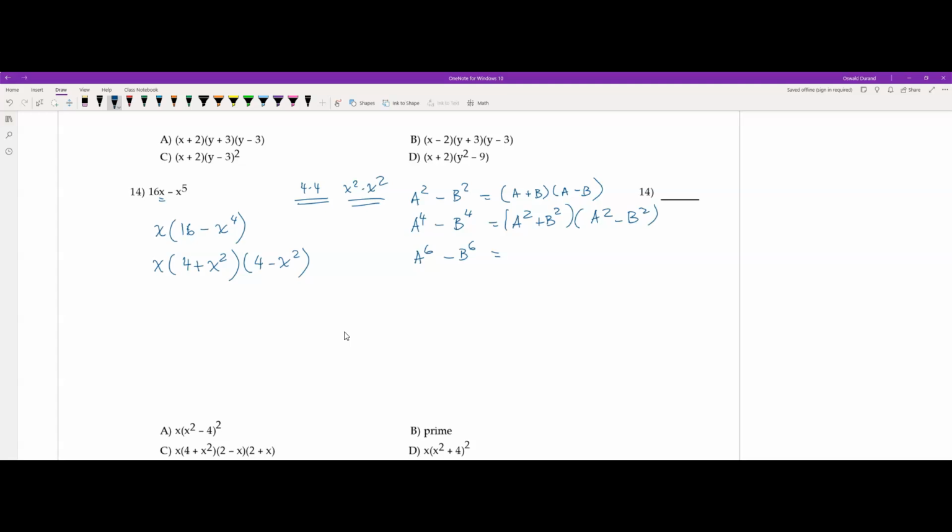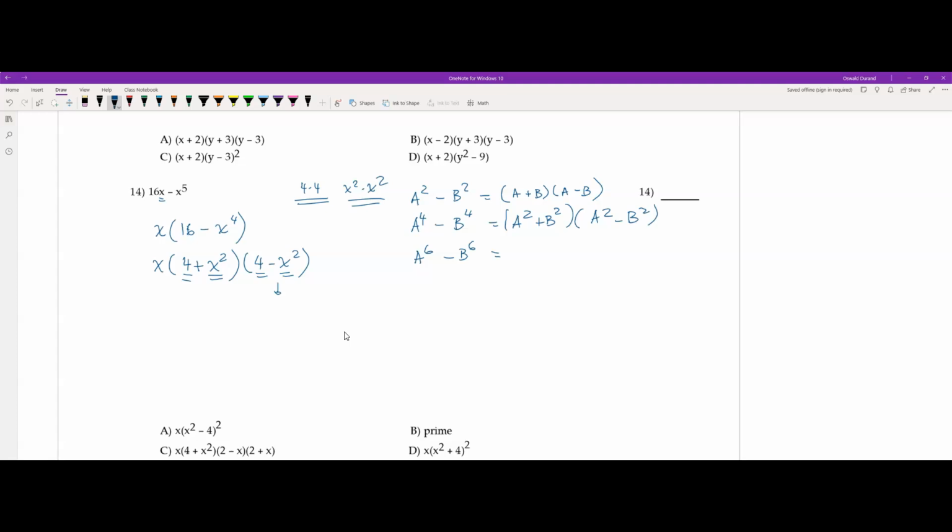Okay. All right, are we done? That's the question. Well, here we have the sum of 2 squares, right? So we know this is not factorable. But here we have 4 minus x squared, which is the difference of 2 squares again. So we need to continue on and factor this.